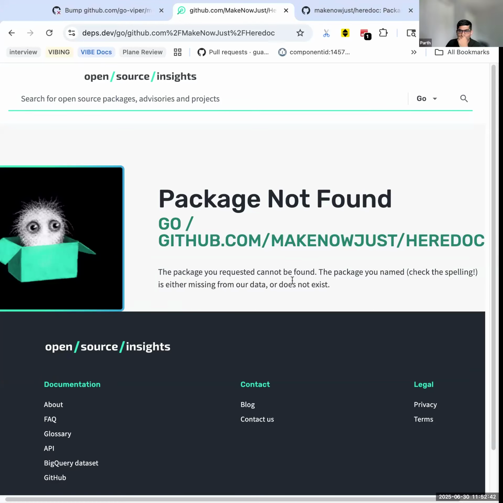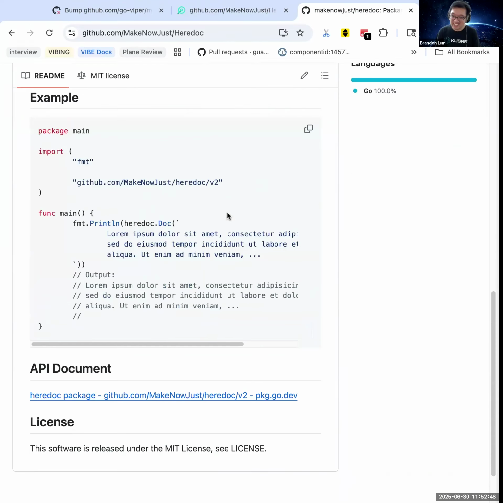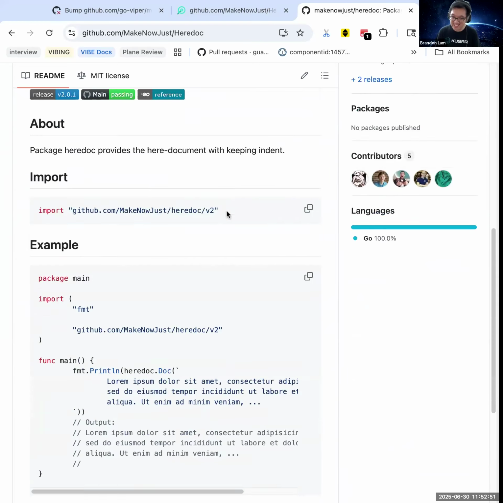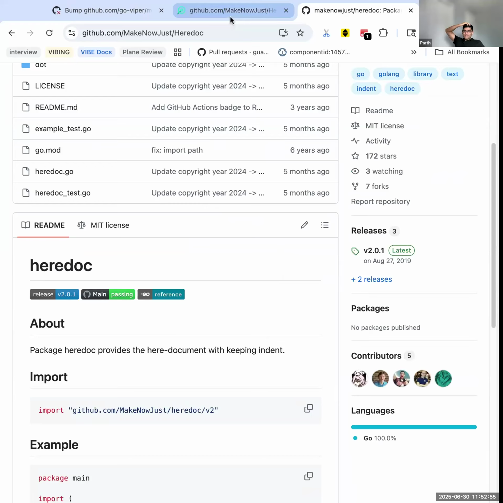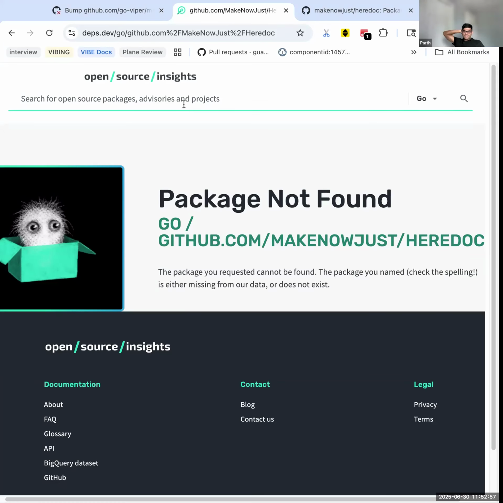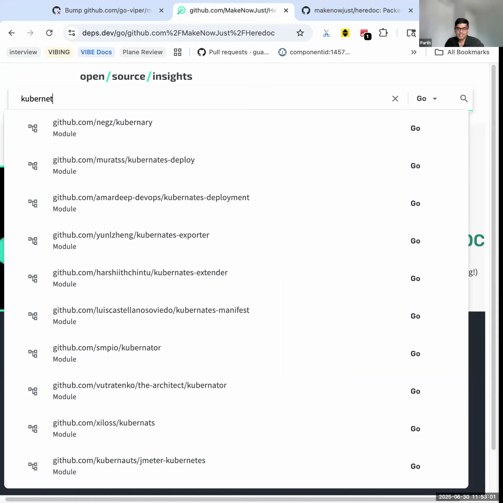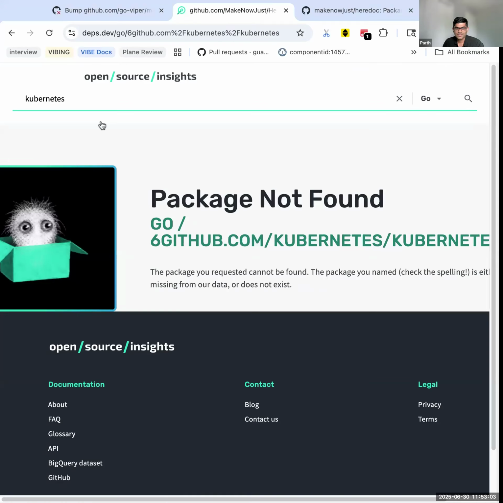So I think this is the issue where the package is actually not found, but actually it exists. I think it's just broken. Sometimes it loses data and then it comes back the next day. That's on deps.dev. It errors out sometimes and then it's like, oh, actually I was wrong, it's here.